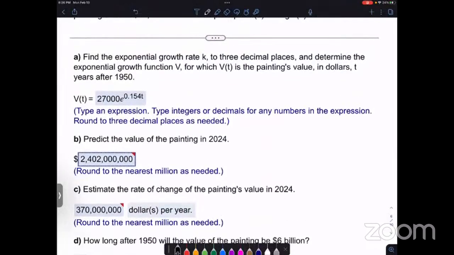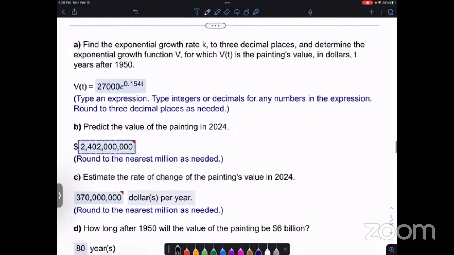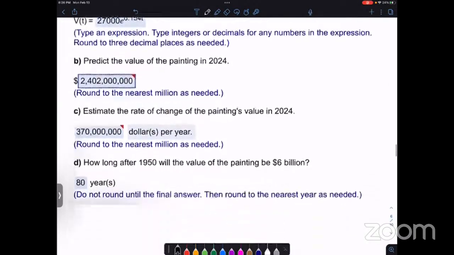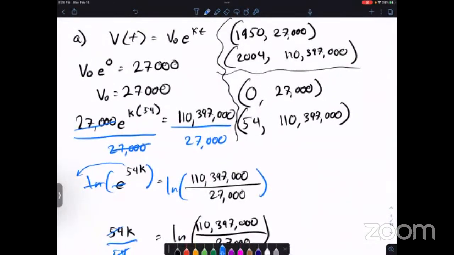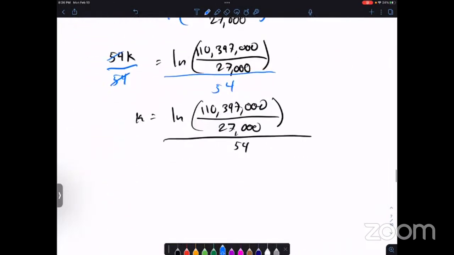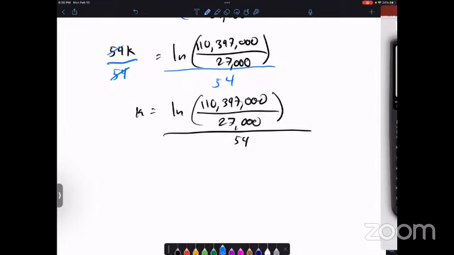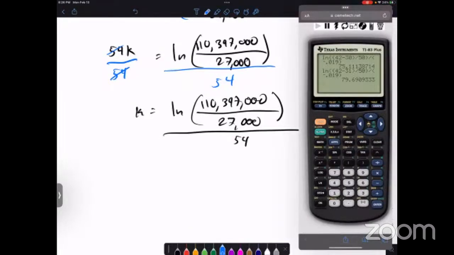We found V naught, and we're about to find K, so then we can model it. V naught is right here. And for K, we're going to use the trusty calculator. We have the natural log of 110,397,000 divided by 27,000.